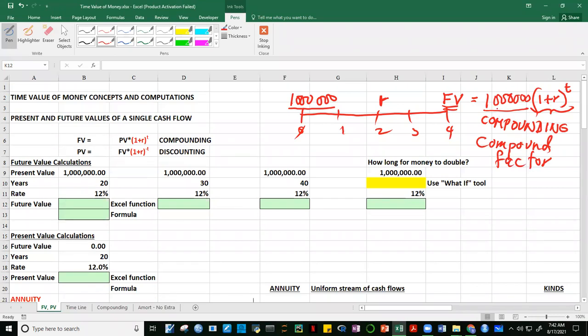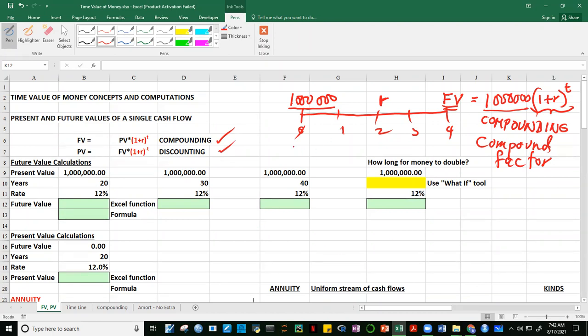On the other hand, if you're given a certain value in the future, and you would want to get its equivalent value now, then you are what we call discounting. So to get the future value, you are compounding the value. To get the present value, you are discounting.